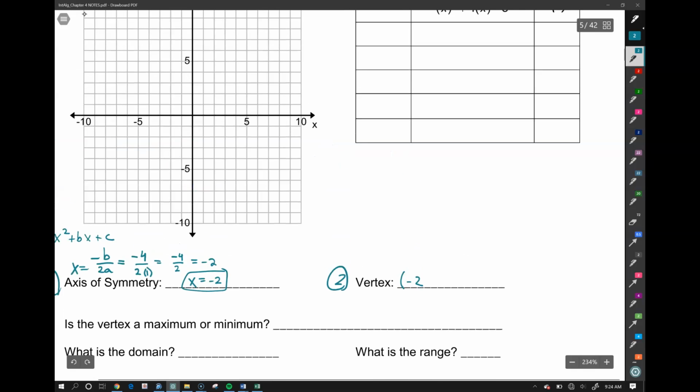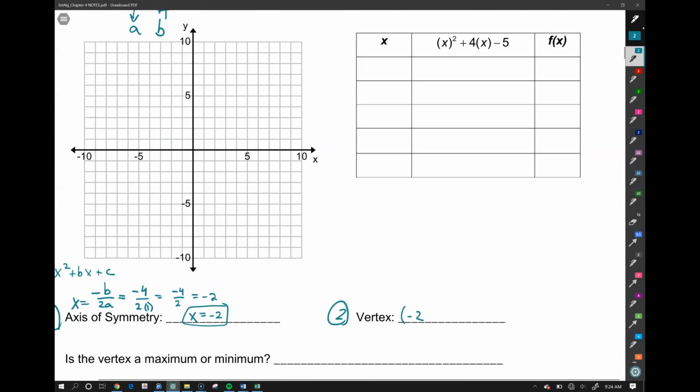So let's see, up here, I'm going to have 0, negative 1, negative 2, negative 3, and negative 4 be the numbers I plug in. And as we go on, you will get a better intuition for which numbers to choose. So I give you 5 boxes, and the vertex is always going to be that middle box because that's where the axis of symmetry is, and I know whatever's on the left side will be symmetric to whatever's on the right side.